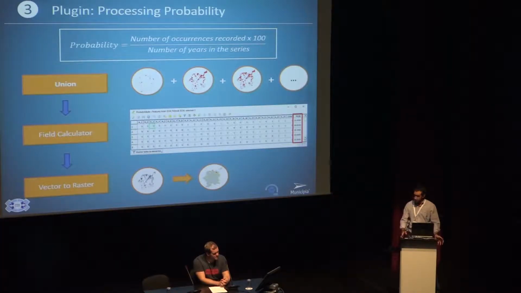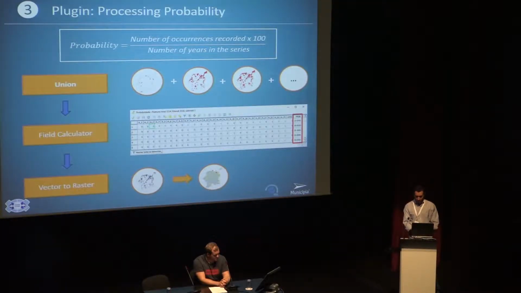Then, with the field calculator, it creates a new field, applies the probability equation, sums every year, divides by the number of years of the series, and multiplies it by 100. In the end, it converts the vector data to raster with the v.to.rast.attribute GRASS tool.